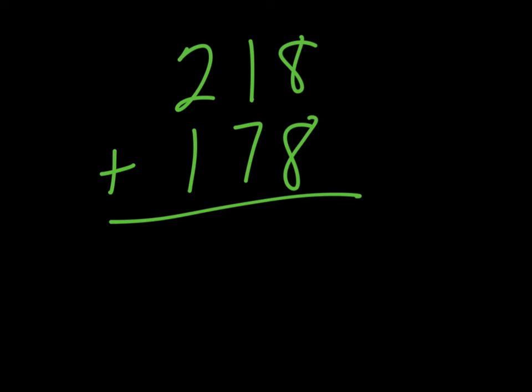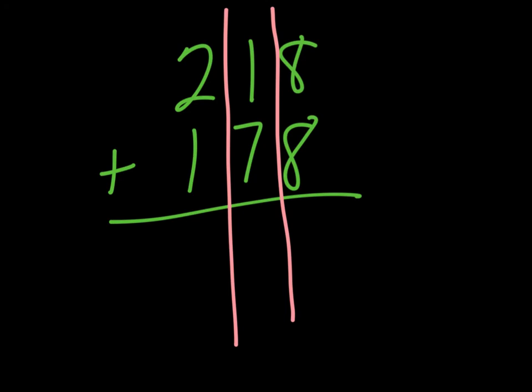Okay, go ahead and write this problem down, and let's try a larger problem. So we have 218 plus 178. I'm going to divide my units out. Go ahead and label them: hundreds, tens, and ones. Okay, if I want the right answer, I start over here at the right in the ones column.